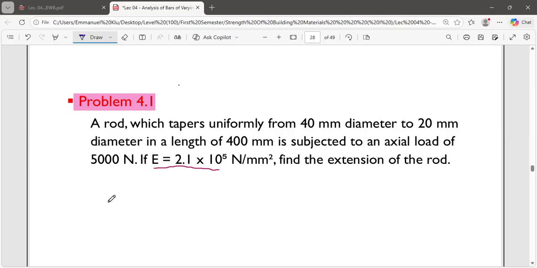A rod which tapers uniformly from 40 millimeter diameter to 20 millimeter diameter in a length of 400 millimeter is subjected to an axial load of 5,000 Newton. If E equals 2.1 times 10 raised to the power 5 Newton per mm square, find the elongation of the rod or extension of the rod.